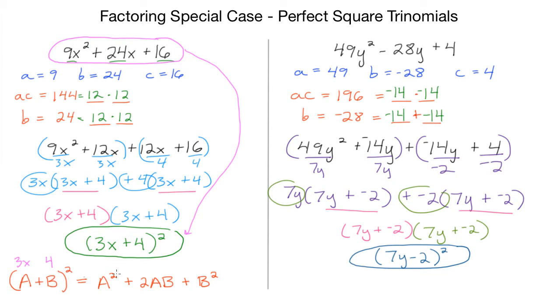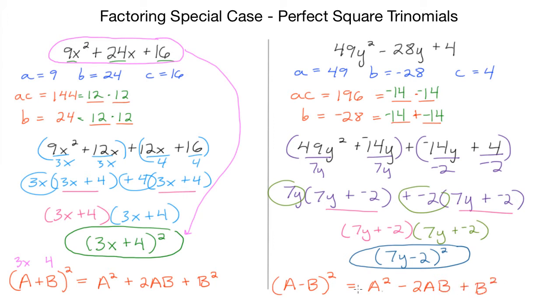And notice we have the same sort of pattern with subtraction. If you have a binomial, a minus b, and we're squaring it, the pattern is a squared minus 2 times a times b, but then you still have plus b squared.